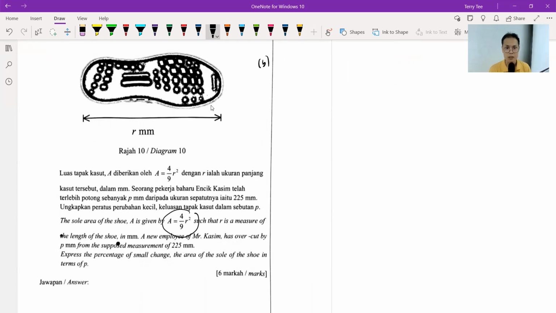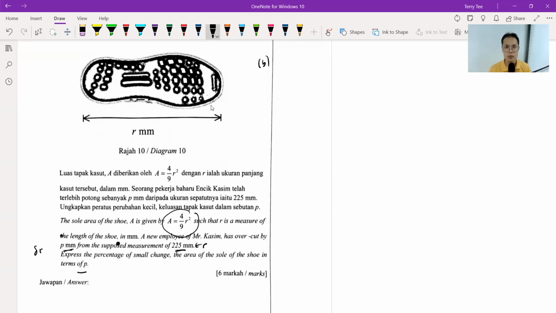An employee of Mr. Kasim overcut by p mm, so that's your delta r. Your r initially is 225, and now it is longer. Your delta r is positive, so you actually increase the length by p mm. Express the percentage of small change in the area in terms of p.